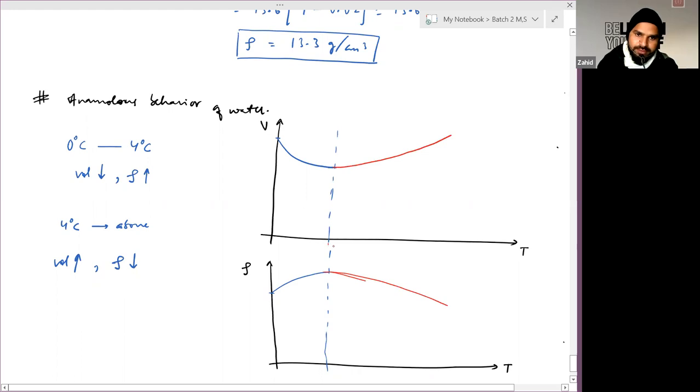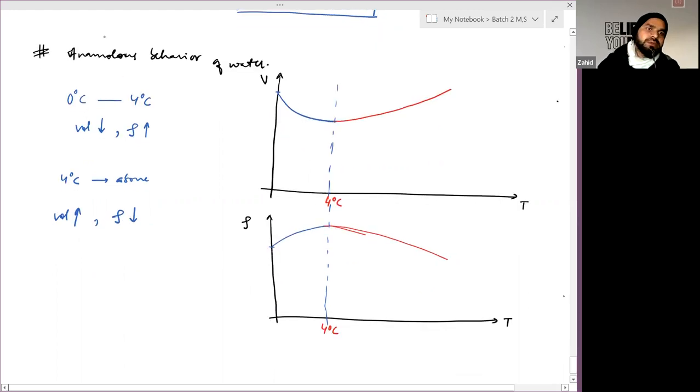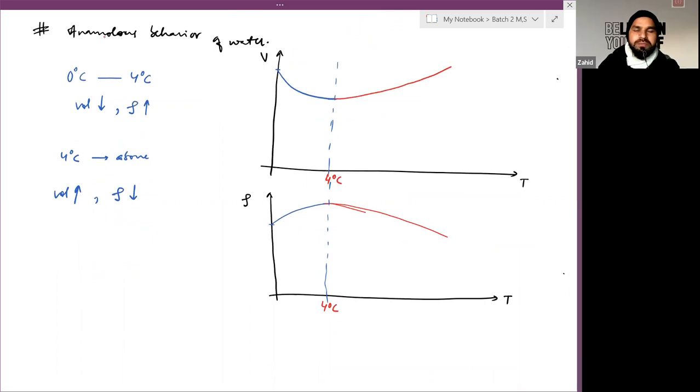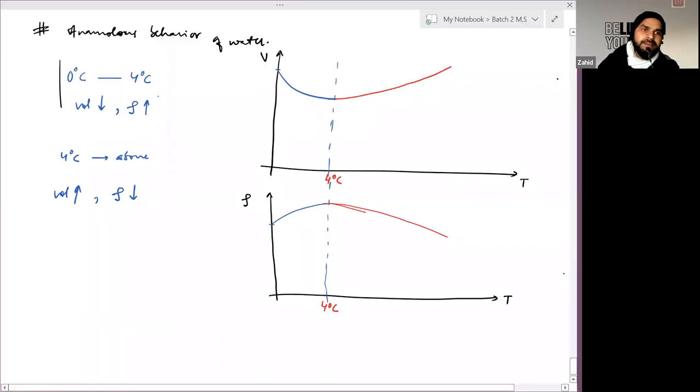So this temperature is 4 degrees Celsius. This behavior in water is due to hydrogen bonding, which may behave differently in this particular range.